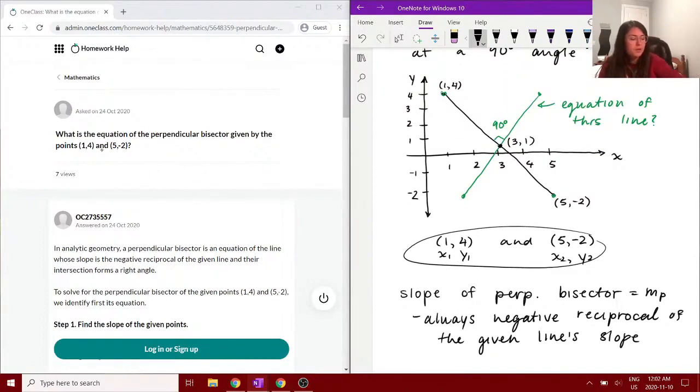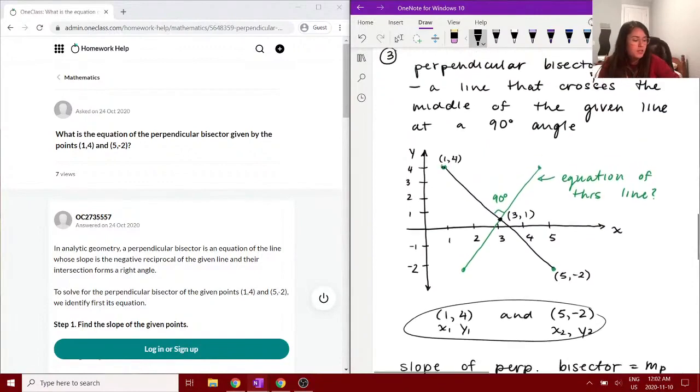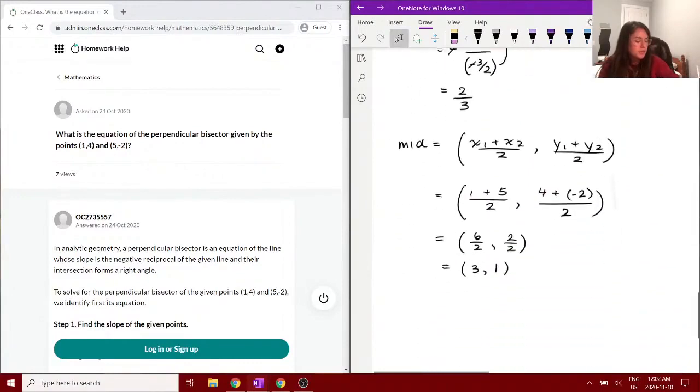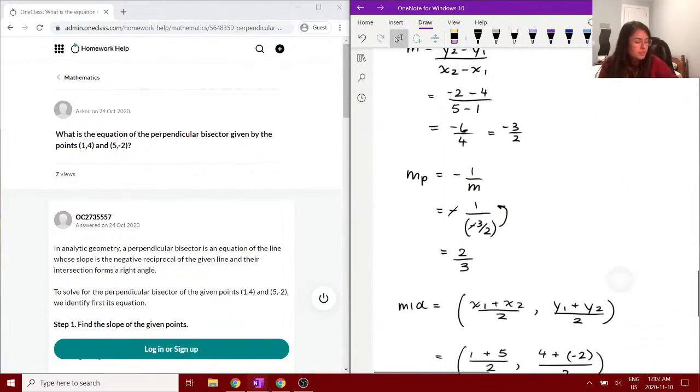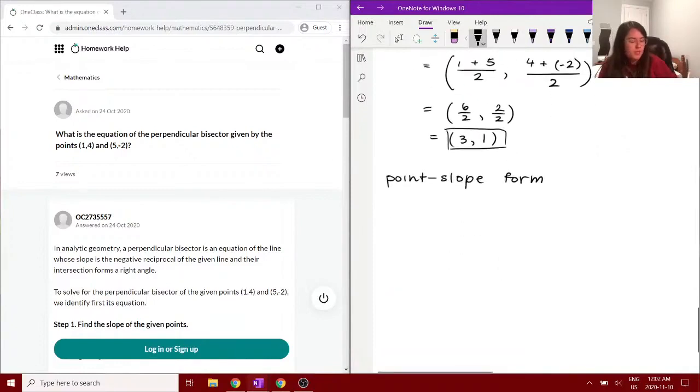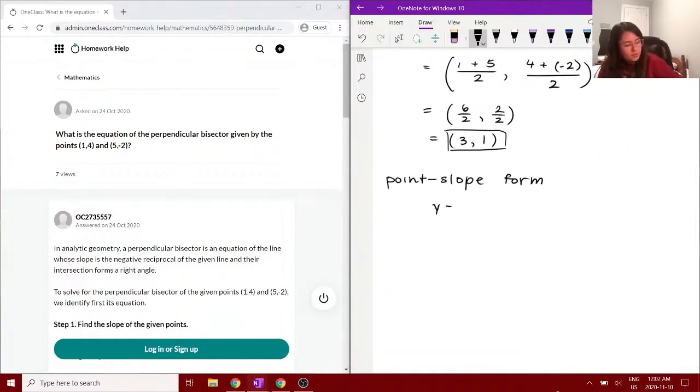Now for the equation of the perpendicular bisector, we have both the midpoint and the slope. To sub this into the point-slope formula for the equation of a line, we know that y minus y1 is equal to m times x minus x1.